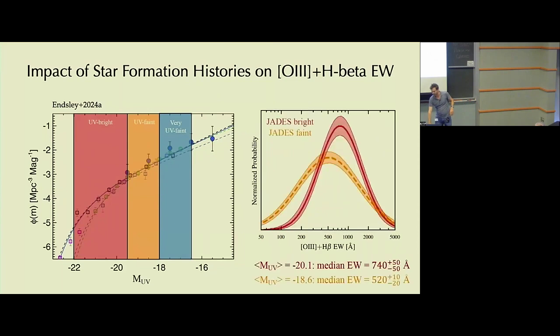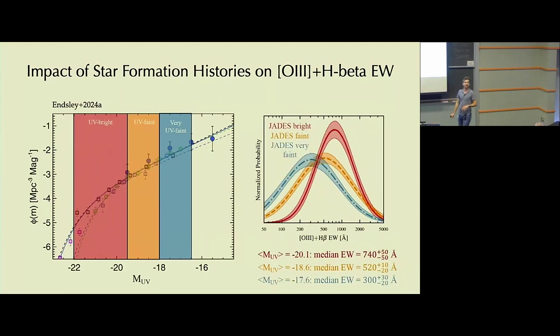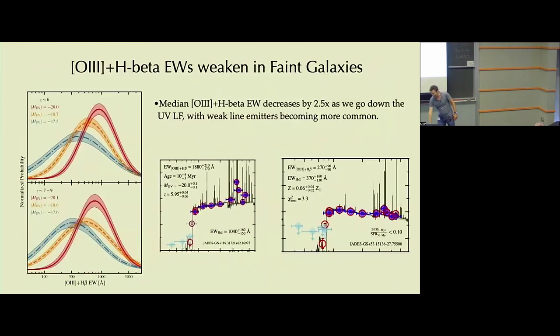But as we move fainter, to the more abundant faint population, we see these equivalent widths decrease. Okay? At the faint end of the luminosity function, your typical equivalent width is just 300 angstroms. Okay? That is very different to what we were seeing with Spitzer before JWST. So what is going on?